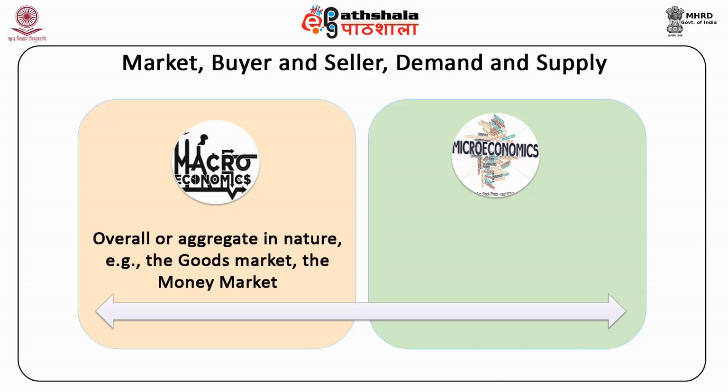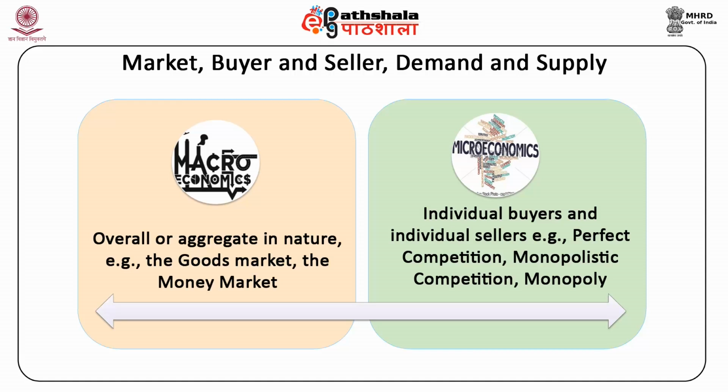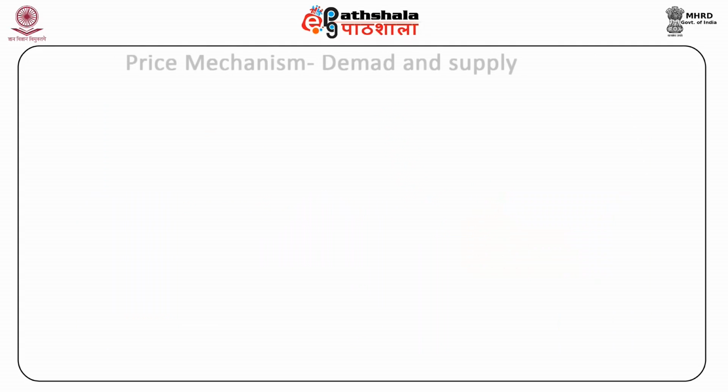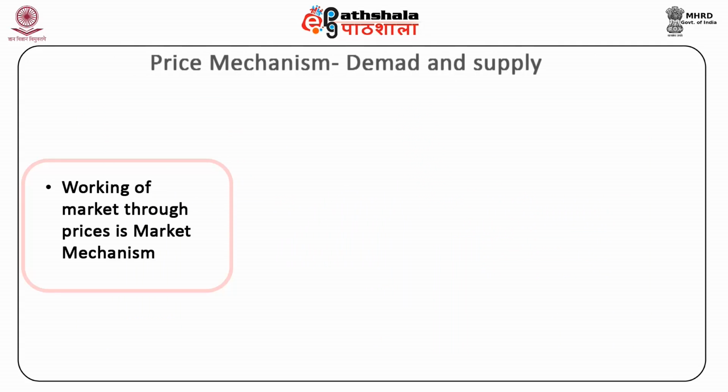But microeconomics is concerned with individual buyers, consumers or households, and individual sellers, producers or firms coming together to perform their respective roles in the market transactions, and the market takes different forms such as perfect competition, monopolistic competition, monopoly, and so on.